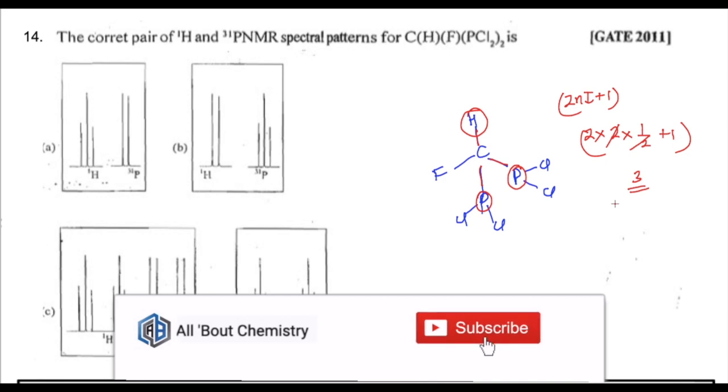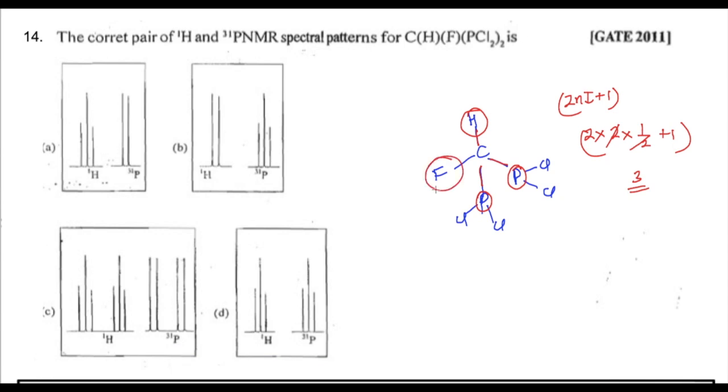And before that triplet, this fluorine is also NMR active, right? So it is also going to split that. Basically I'll show you once again what is happening. This is because of phosphorus. Now talking about fluorine, the one which is more electronegative is going to split first. So fluorine is going to split it according to 2nI plus 1.